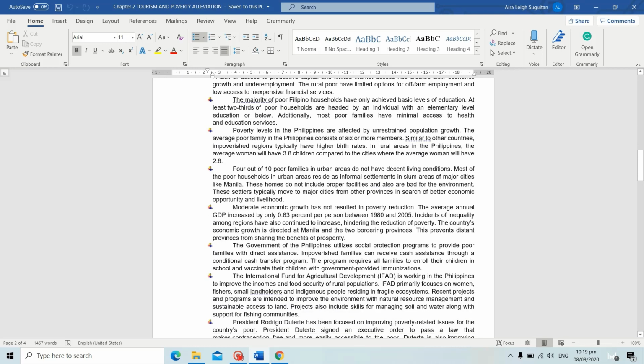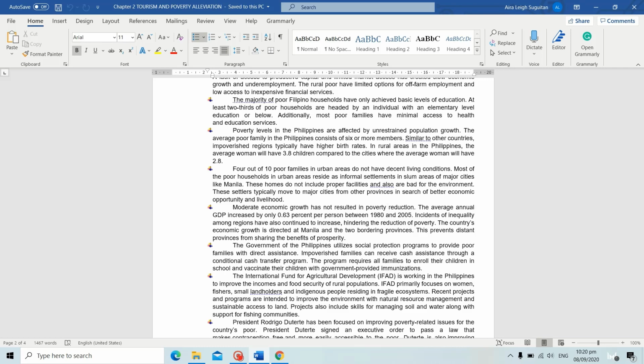So the next one, moderate economic growth has not resulted in poverty reduction. Ibig sabihin, hindi kayang tapatan ng economic growth na nararamdaman ng Pilipinas yung pangangailangan ng mga poor people, kaya hindi natin na-achieve yung poverty reduction. So the average annual GDP, by the way, GDP is gross domestic product.